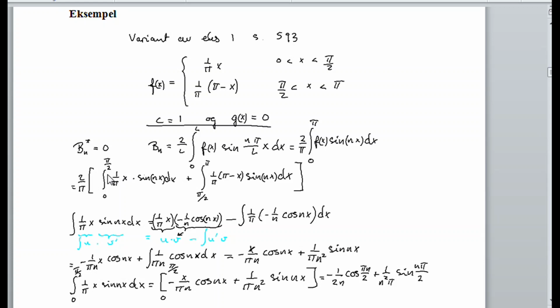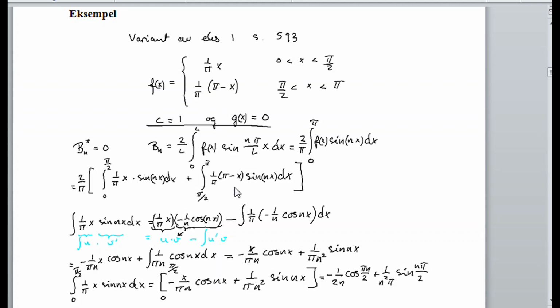So in this interval from 0 to pi half, we use this expression for f of x, as we can see from this definition, and in the interval from pi over 2 to pi, we use this expression for f of x, since we have this definition of f of x in this interval.